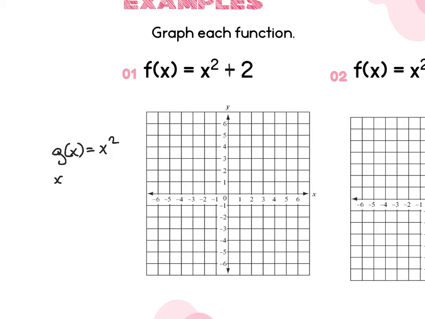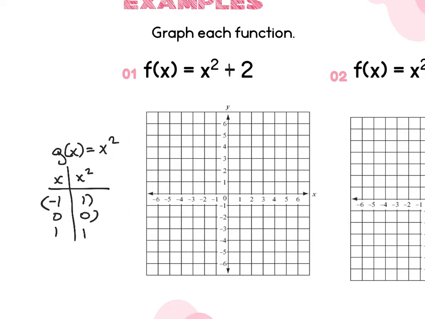I'm going to do my table and get my 3 points. I'm always going to be plugging in -1, 0, and 1, unless it's the square root function, because I don't want -1. But I'm going to plug in these 3 numbers into the parent. Most of them are the same ordered pairs, but if you forget, you can quickly do it. -1 squared is +1. 0 squared is 0. 1 squared is 1.